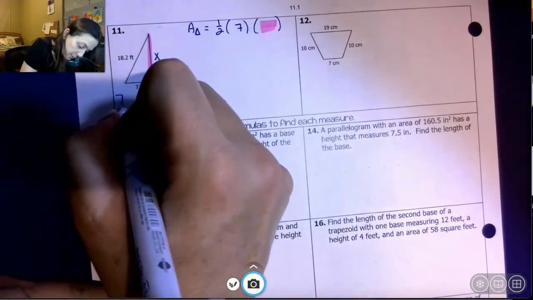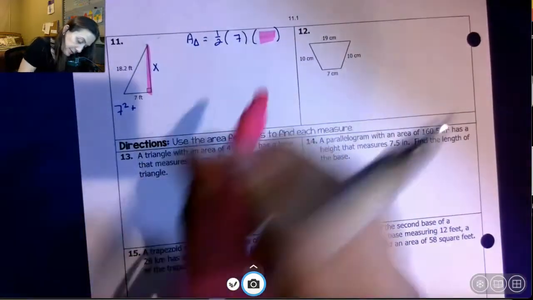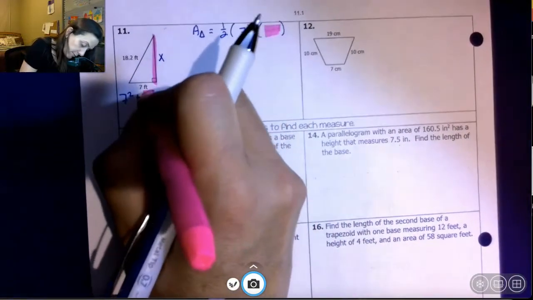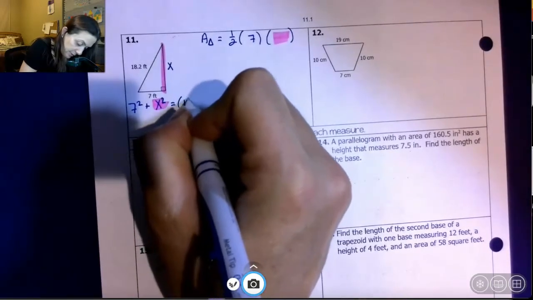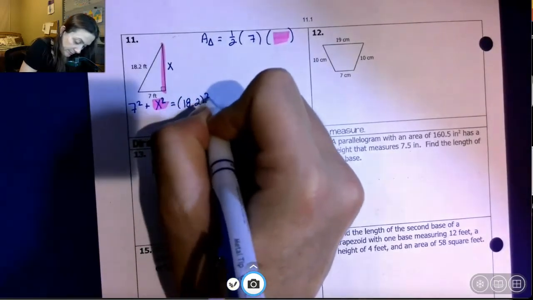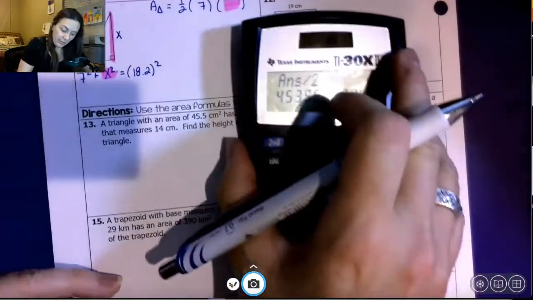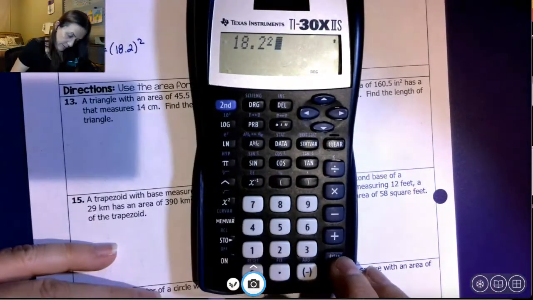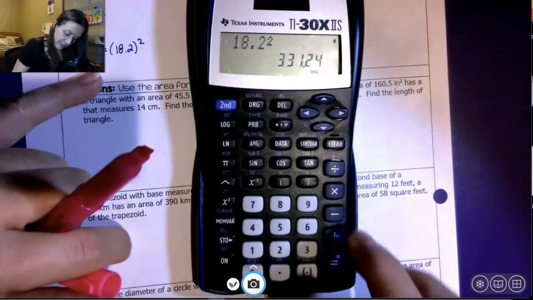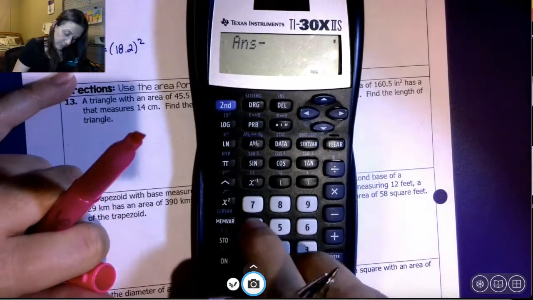That's going to be 7 squared plus x squared equals 18.2 squared. So to make this a little bit easier, I'm going to go ahead and do 18.2 squared, and I'm going to subtract 7 squared, which is 49.